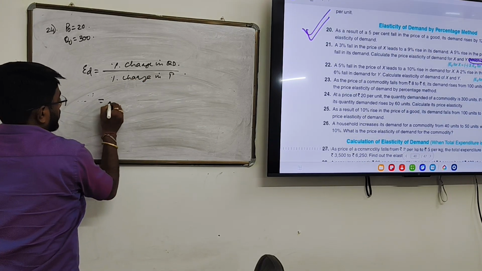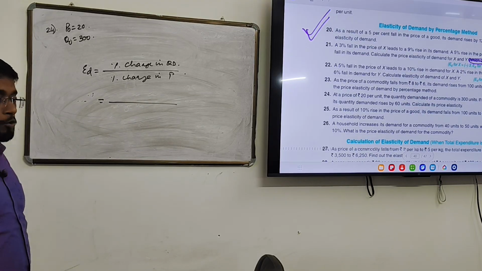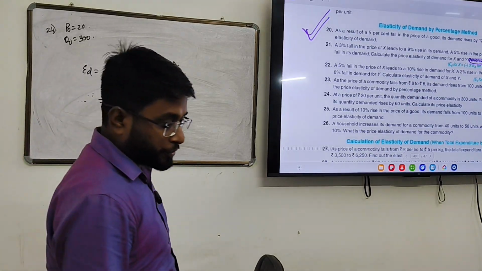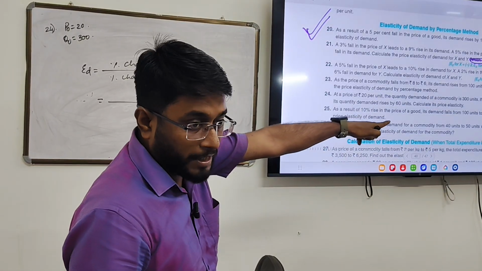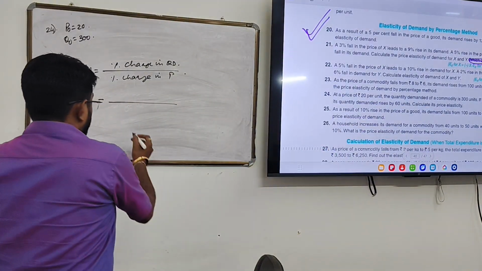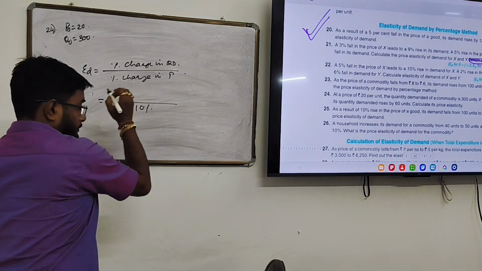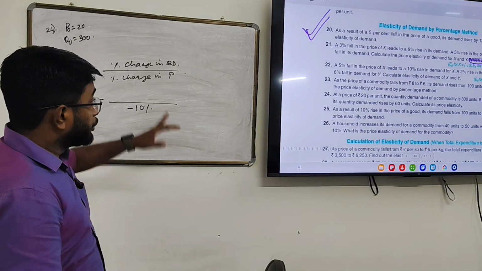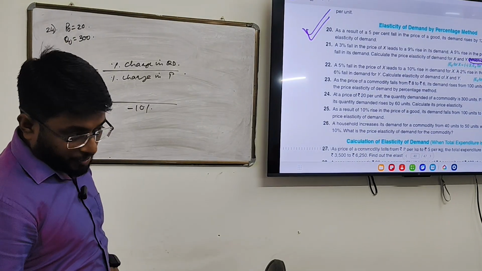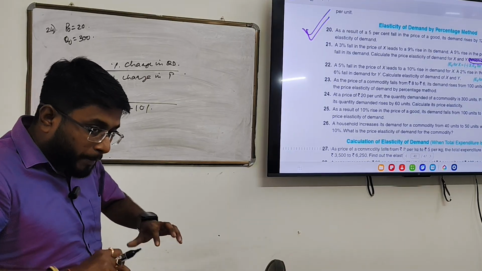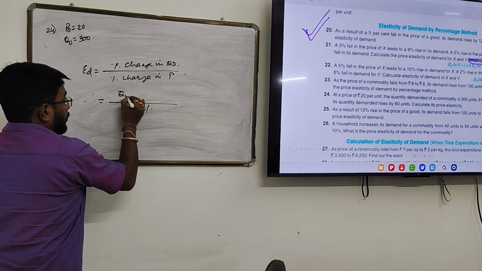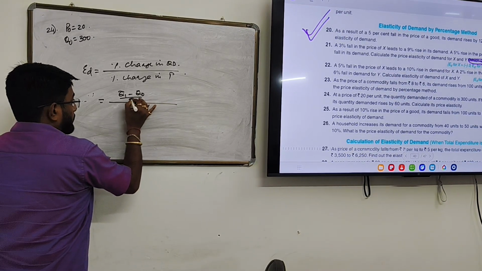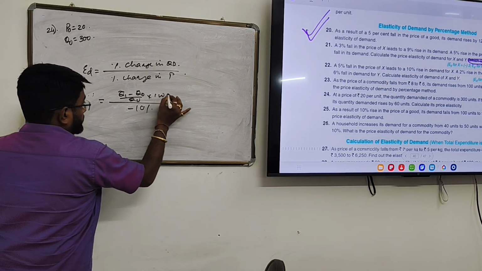Interestingly, in this question the denominator is given in percentage. That is, price how much? 10%. Rises or falls? So minus 10%. But the numerator is not given in percentage. We need to make it in percentage. How? Let us see. (Q1 minus Q0) by Q0 into 100.